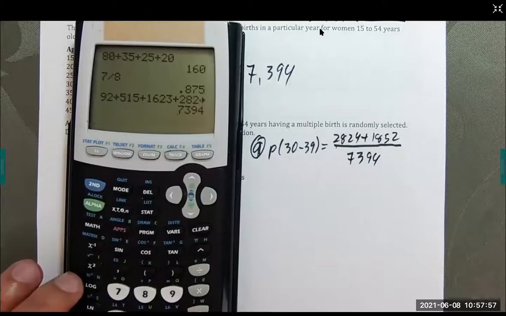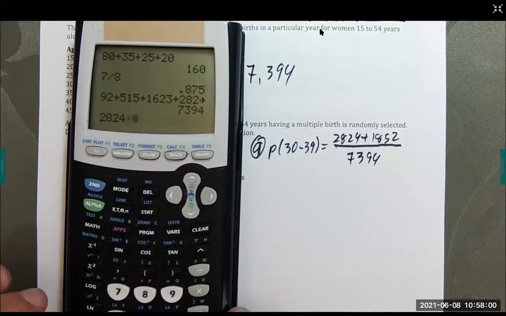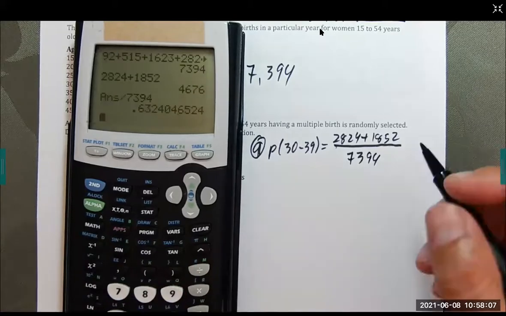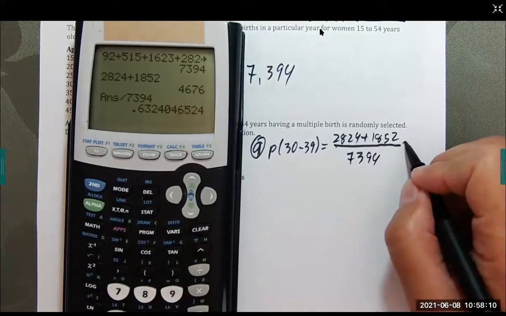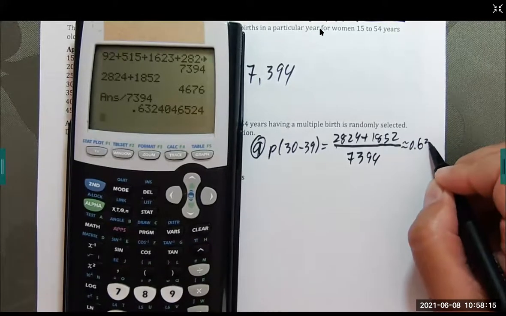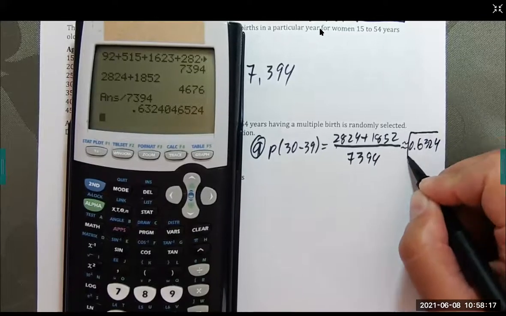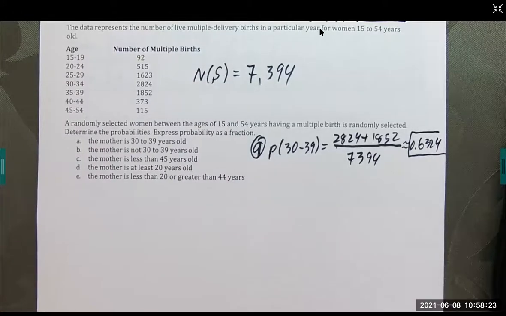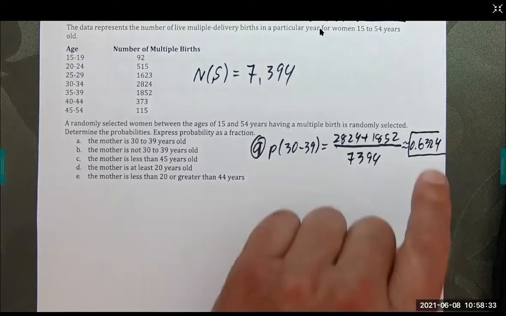So 2824 plus 1852 divided by 7394. About 0.6324. A little over 63% of these women are between the ages of 30 to 39. And we all know that 30 to 39 is a very common age for women to have children, so it's not surprising that it's more than half.